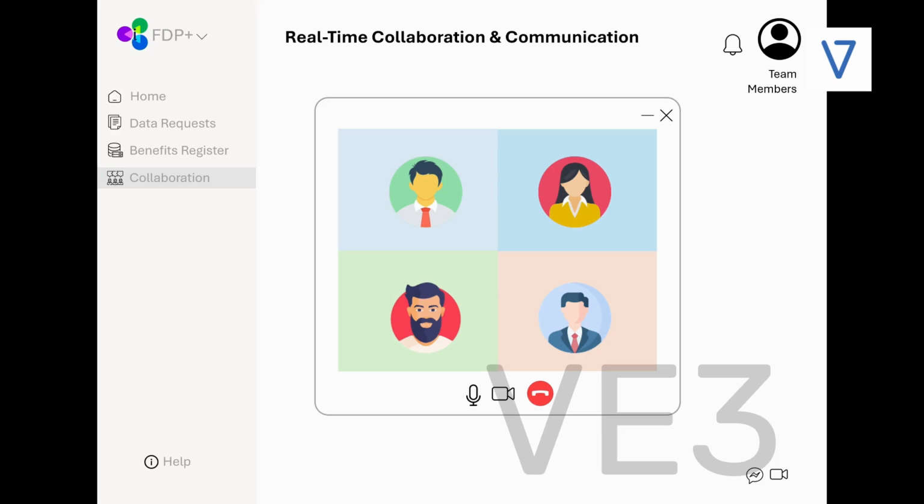For example, if the program manager or data analyst identifies any uncertainties during the validation process, they can instantly initiate a chat or schedule a video call to resolve the issues. This real-time communication ensures that the entire workflow remains fluid and responsive to any emerging challenges.